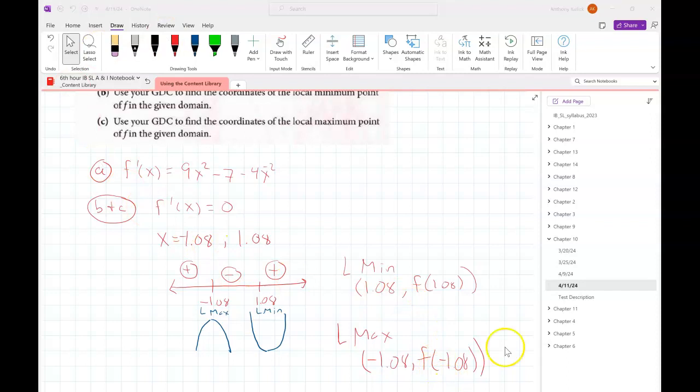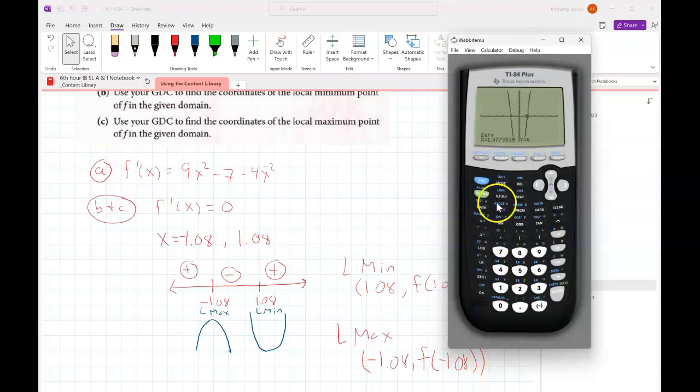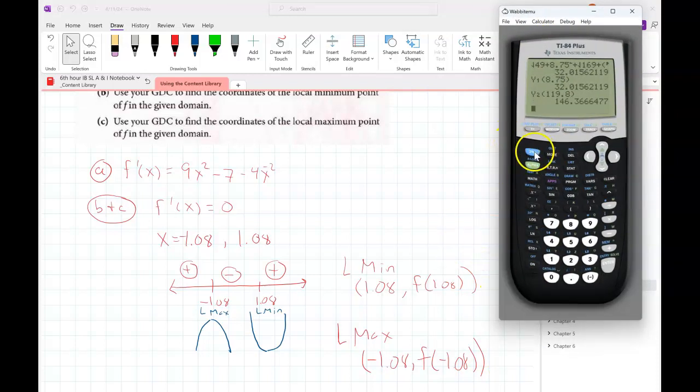And again, I'm letting my calculator do all the heavy lifting for me. To do f of 1.08, vars, y vars, function, 1.08, and then to get -1.08, well, there we go.